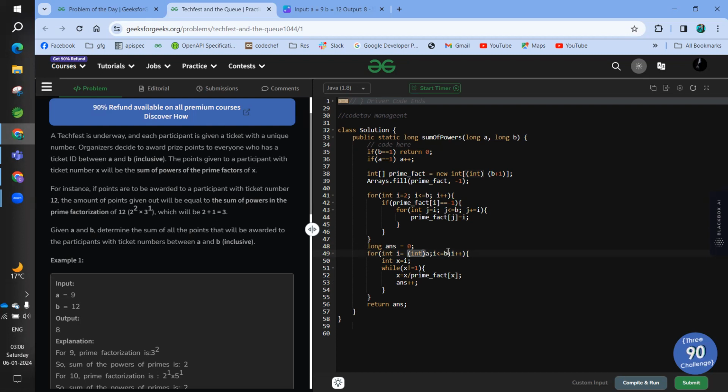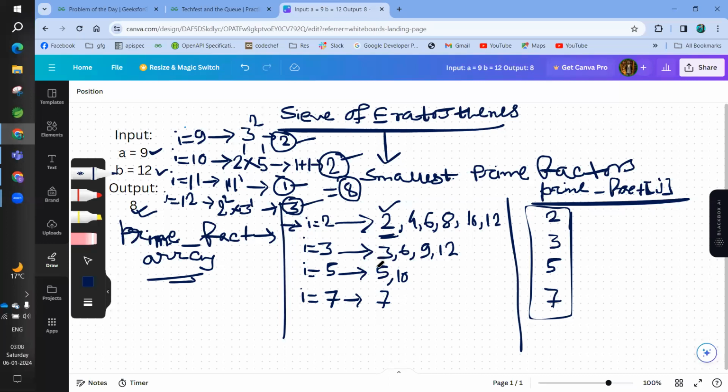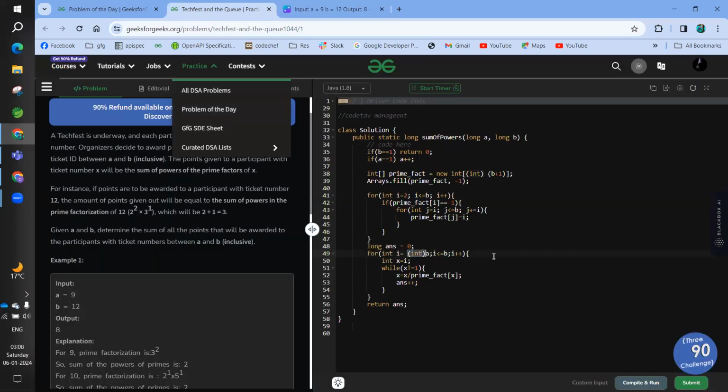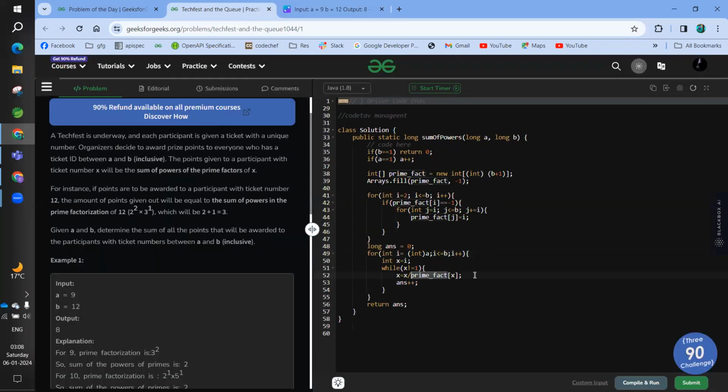It calculates the powers of the prime factors for each number by dividing it by its smallest prime factor. Like 2, 4, 6, 8, 10, 12, we will divide it by the smallest prime factor. After that we will get the final result, and in the final result we will do the sum of the powers calculated for all the numbers in the given range.